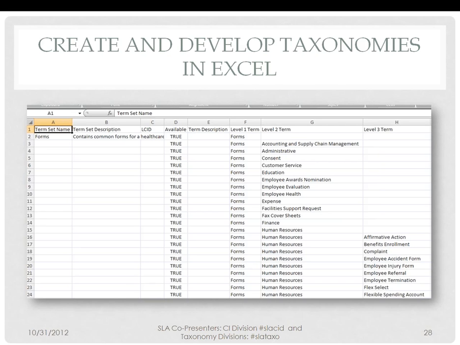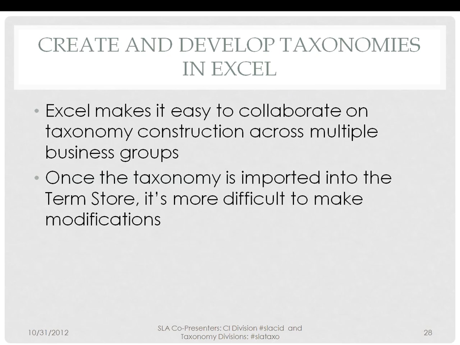Now this is easy to use for most business users, and you know, oh yeah, we can email this back and forth, and we can build this out, and once it gets to a part where you want to import it, you have to save it as a CSV. And so remember that if you're building out an Excel file and you've got a lot of different worksheets, you know, the tabs along the bottom, you can't save that as a CSV. It's only going to save the screen that's visible.